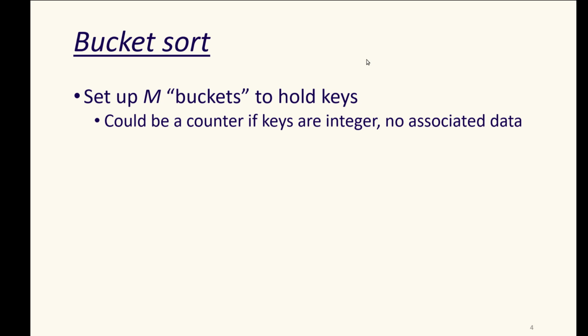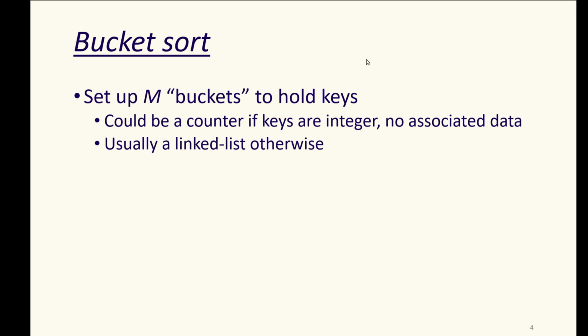Say the temperatures that you're trying to sort, or that kind of thing. Then you can use the value as the index into that array, and whenever you would have indexed that array, you increase a counter there. And at the end, you'll have all of the counts of which numbers need to be repeated how many times.